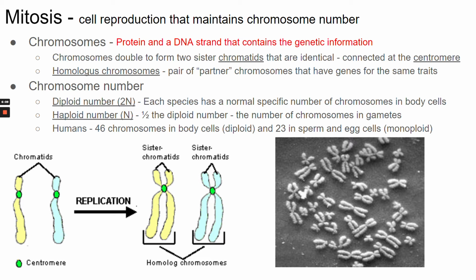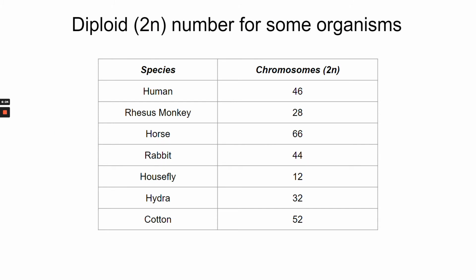That's what's in every cell in my body for 46 altogether. That's called the diploid number sometimes, that total number of chromosomes. And so we could see here what the chromosomes look like. And humans have 46. That's our normal diploid number in healthy cells.